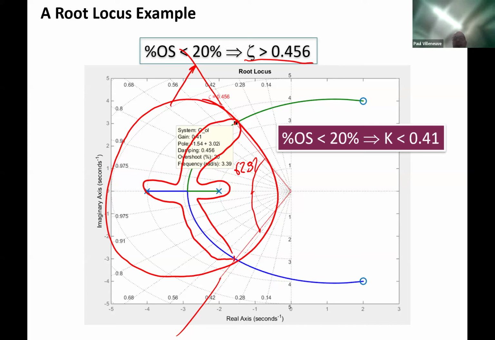We would just have to pick the point and solve for the value of K where that meets that criteria. But we don't have a lot of margin here, right? To keep that down, we see that K has to be less than 0.41. Otherwise, we get too much overshoot. So it's not like we can just increase K forever and ever. We're going to set ourselves up for some potential problems.